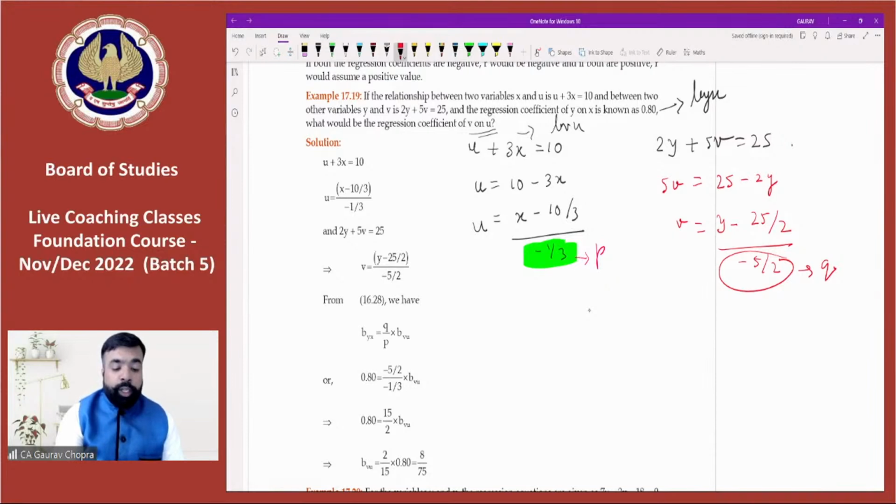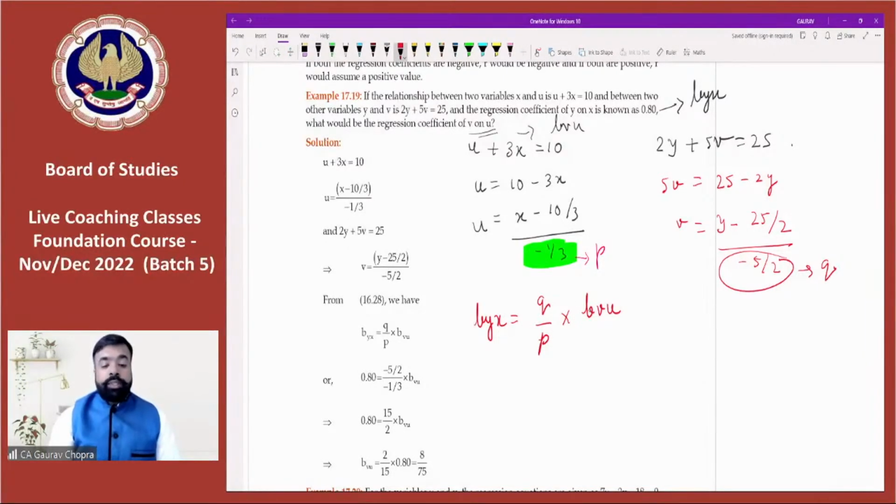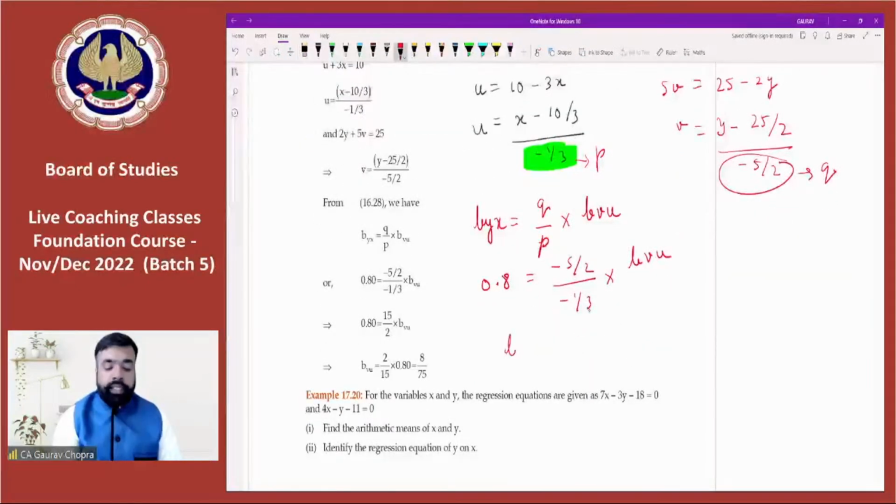Now what is the requirement? We have to find b_vu. We have learned the formula now: b_yx is equal to q upon p multiplied by b_vu. So just substitute the values. What is b_yx? 0.8 is equal to q, minus 5 by 2, upon p, minus 1 by 3, and then b_vu. Now do the cross multiplication and get the result.